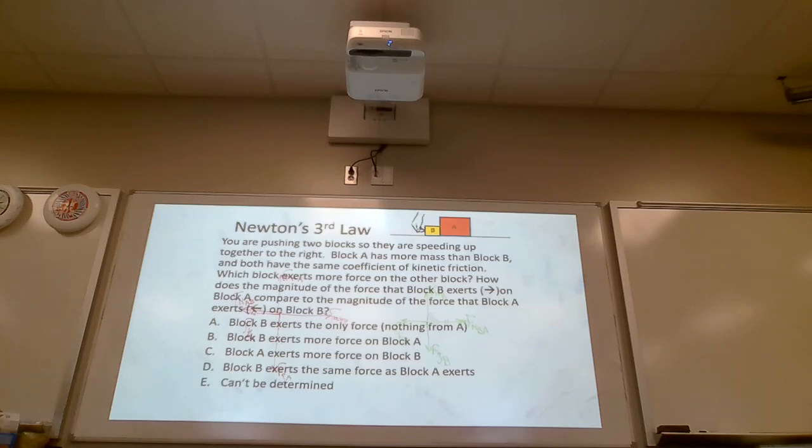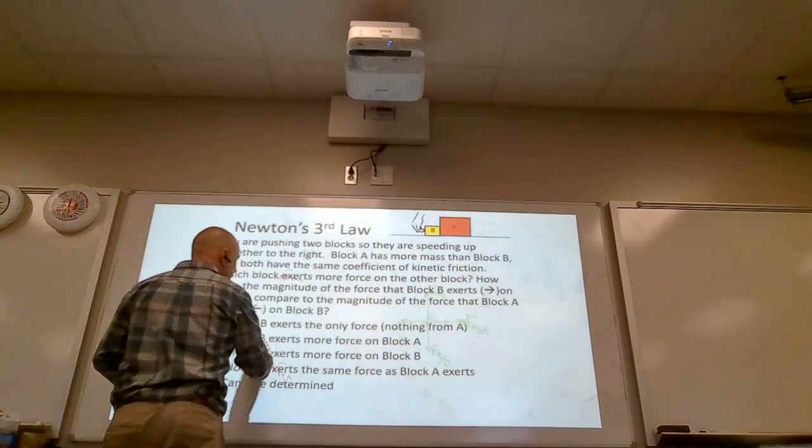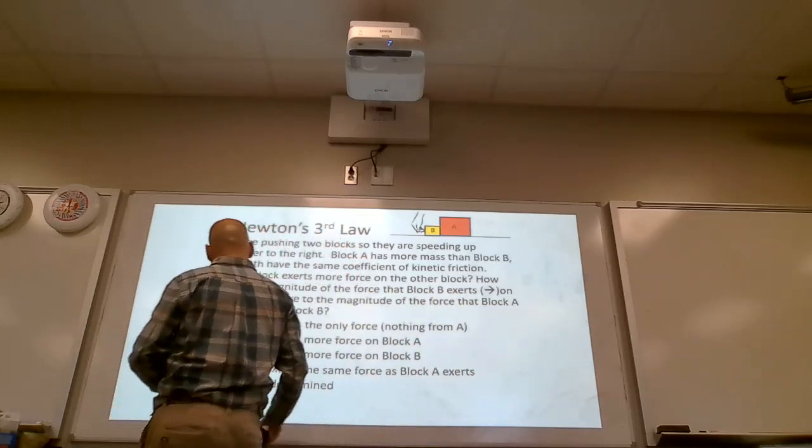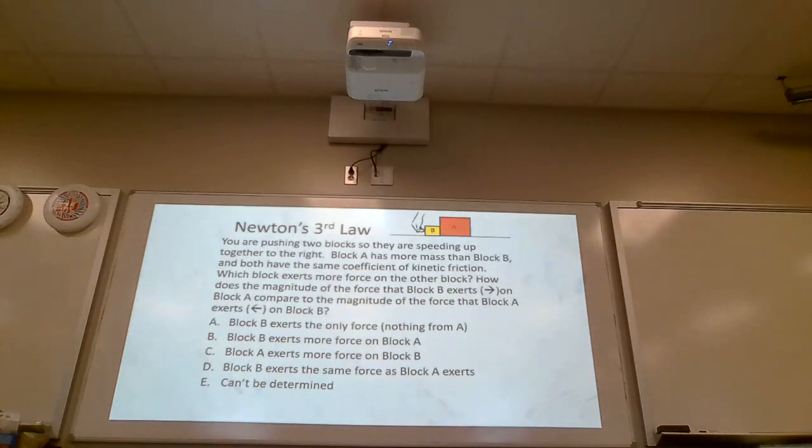I swapped A and B around in the order, but I'm pushing on A. Sorry, I'm pushing on B. Correct answer is, everybody okay with D? Newton's third law. Same force. Okay.